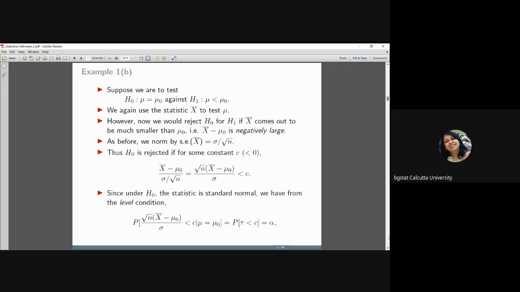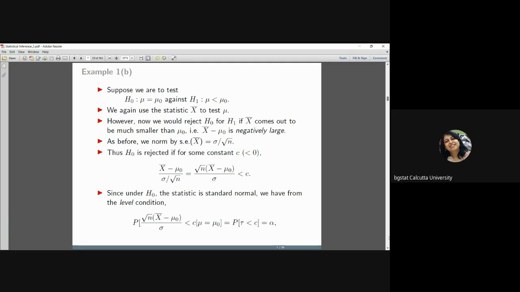So as before, we standardize, and this time we reject the null if this quantity is less than some quantity C. In the previous case, we were rejecting if this was greater than the quantity C, because we expected it to be greater under the alternative.